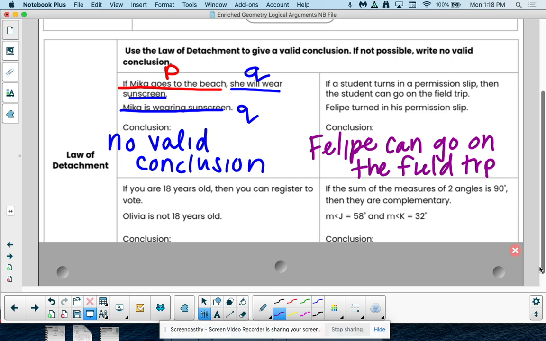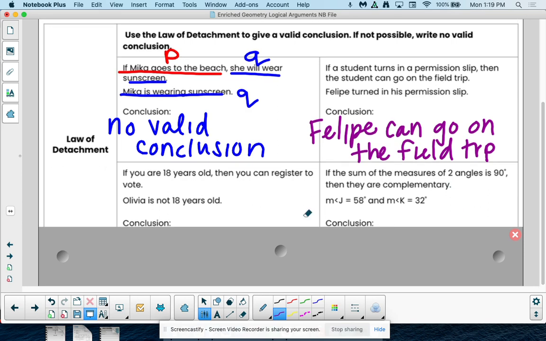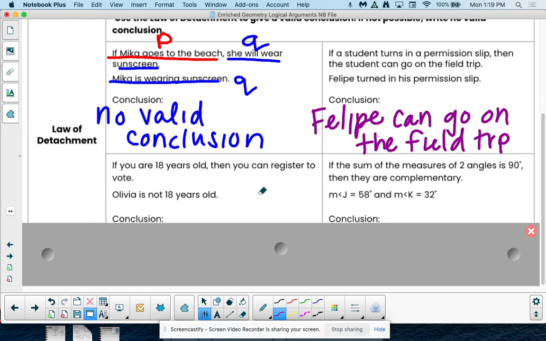Telling you P is true, or Q is true? I'll tell you one's valid and one's invalid.